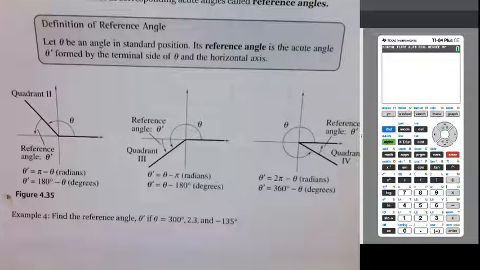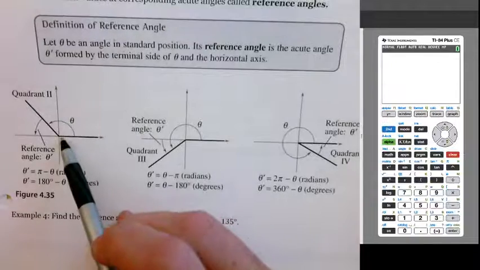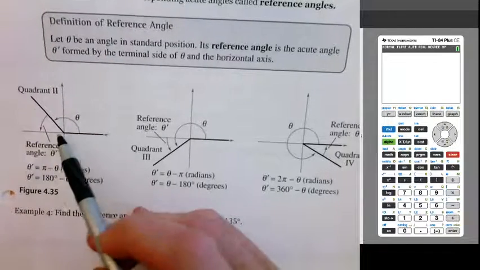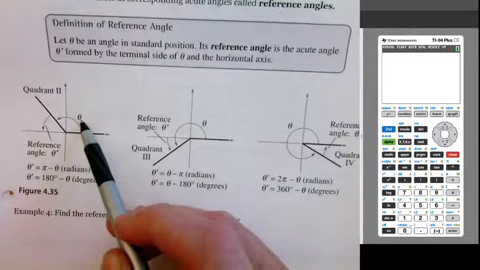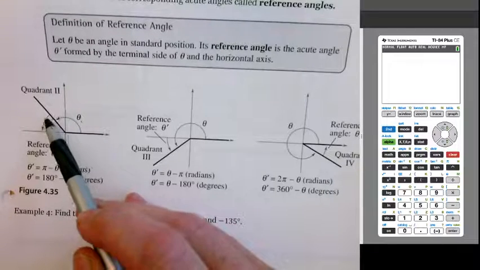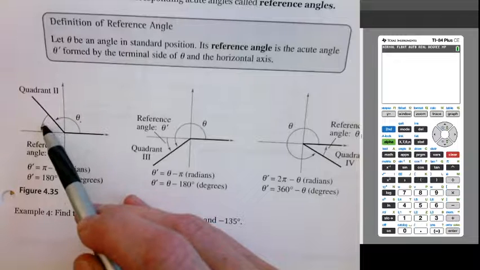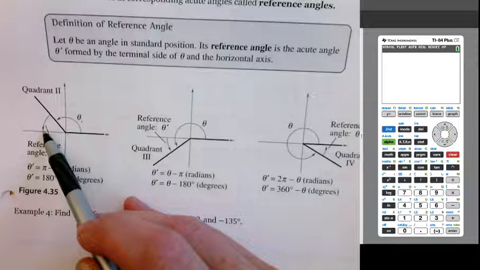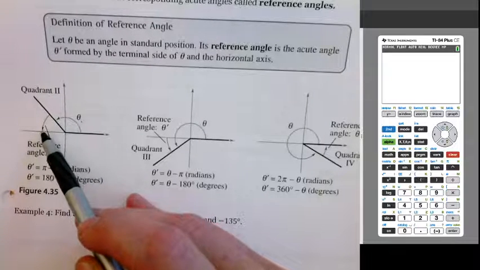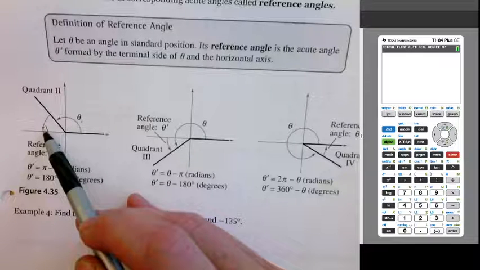The reference angle is defined to be the acute angle formed by the terminal side of the angle theta and the horizontal axis. So in this case, here's my angle. It's in standard position. Here's theta right here. Theta prime is this reference angle, basically the amount of rotation from the terminal side to the x-axis. And it's always acute, and it's always positive.